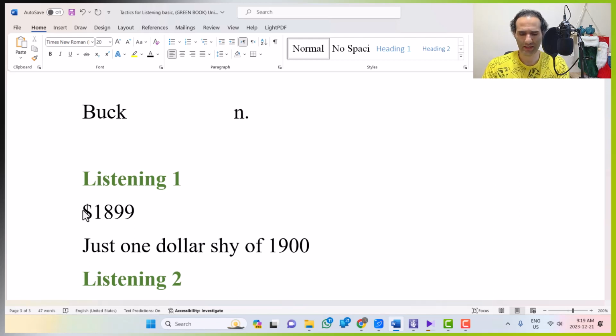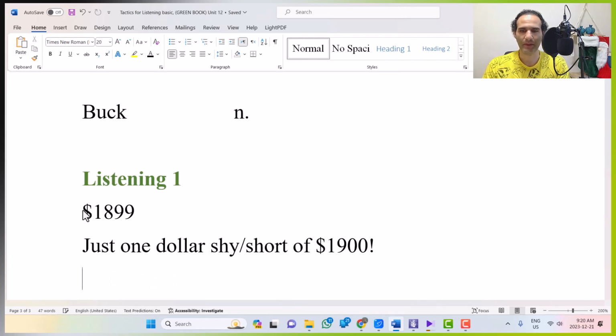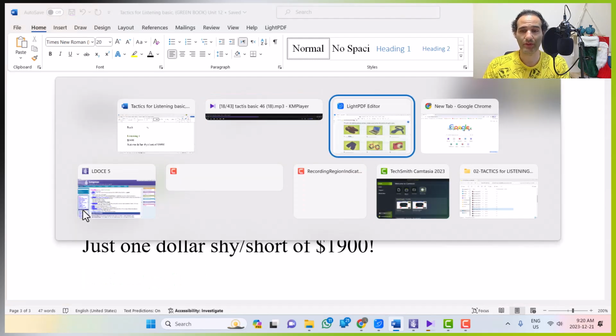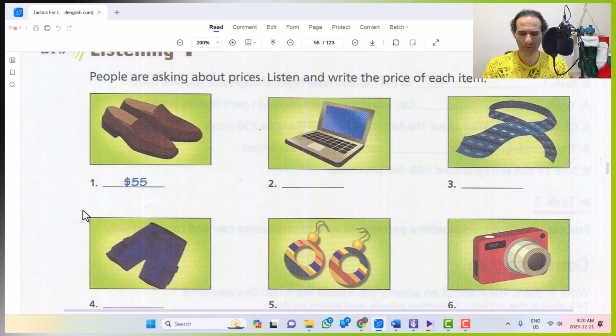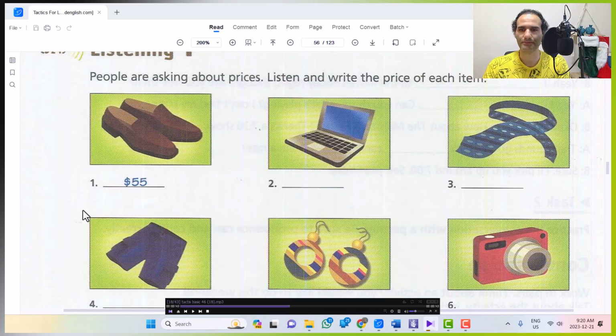Just $1 shy of 1900 dollars, I mean. Shy here means that it is short of. Shy of or short of. Just $1 shy of, just $1 short of $1,900. Okay, that is too pricey. Later on, we will listen to this part again, and I will talk about all these words.